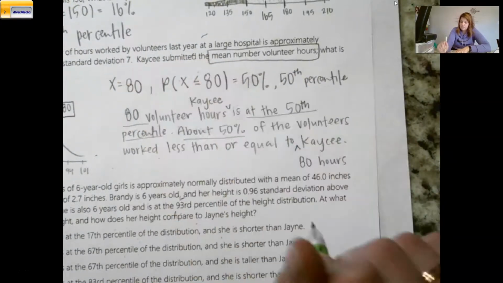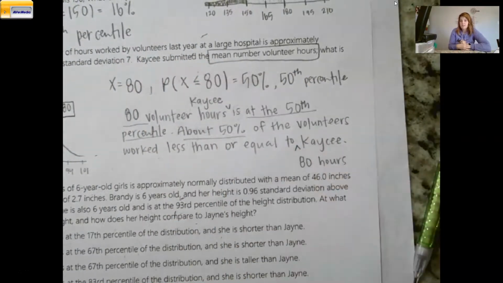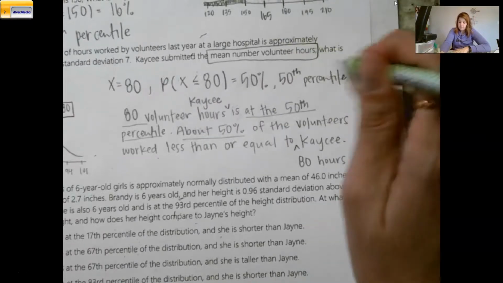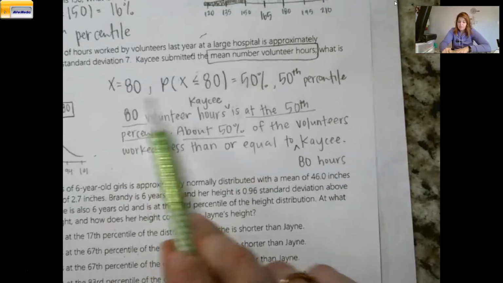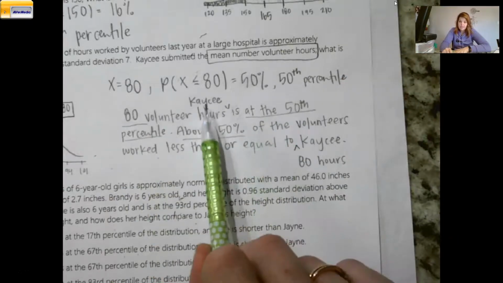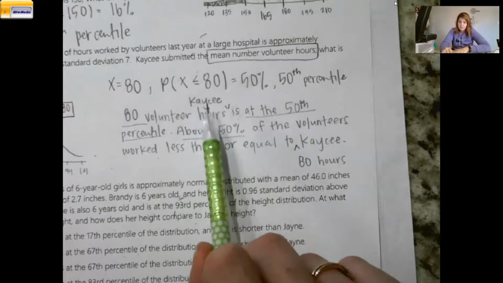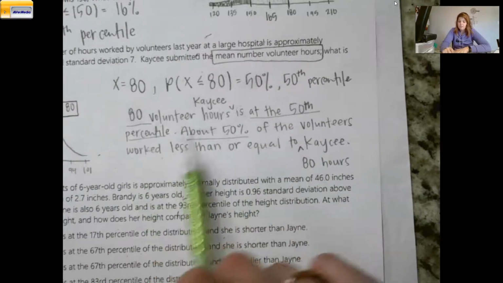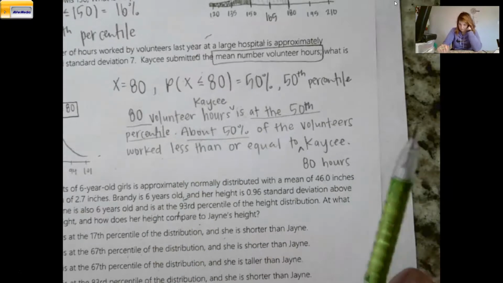About 50% of the volunteers is less than or equal to whatever. Just make sure that you have all of this. If you didn't have this top part, you couldn't just say Casey. You would have to say the 80 volunteer hours, and so on.